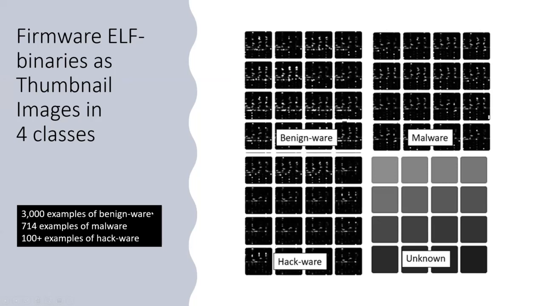So we have about 3,000 examples from the GitHub that we translated into images. And so 3,000 good pieces of software as images, 714 malware, and about 100 examples of hackware. Unknown was basically a balance. So we're going to solve it in two methods. We're going to use a small subset. So this is what's known as an imbalanced data set.